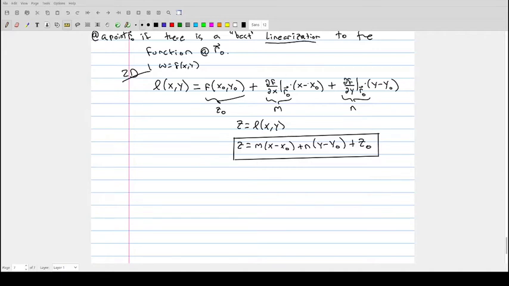So we can use this, and we'll see how to use this to define an approximation of a function.